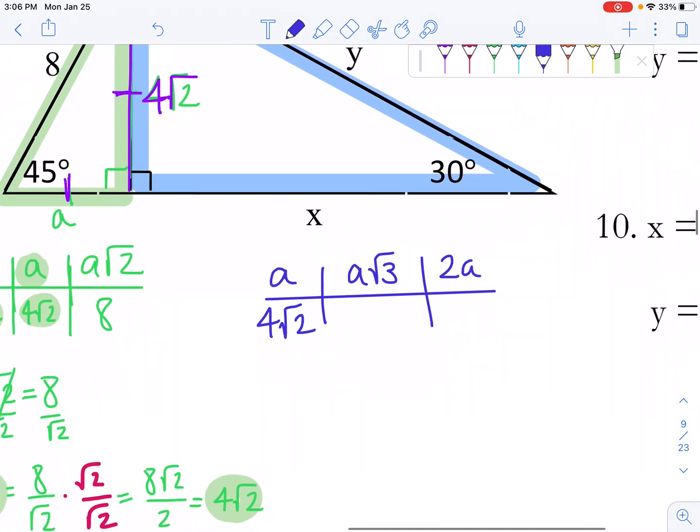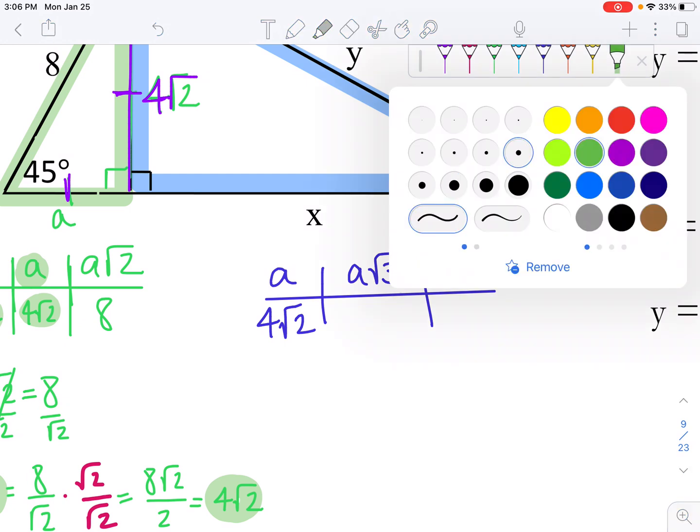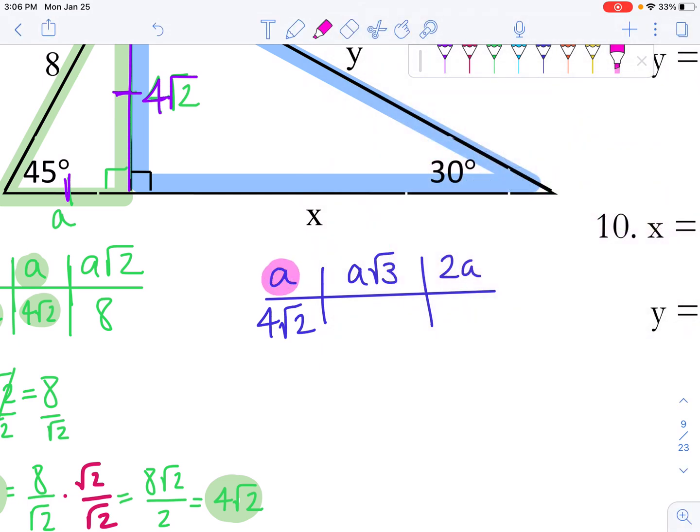Now that I did that and I transfer my attention to the chart, now I can solve for the rest of the chart. If I know that A is 4 root 2, wherever I see A, I can plug in 4 root 2. So here, I'm going to have 4 root 2 times root 3.